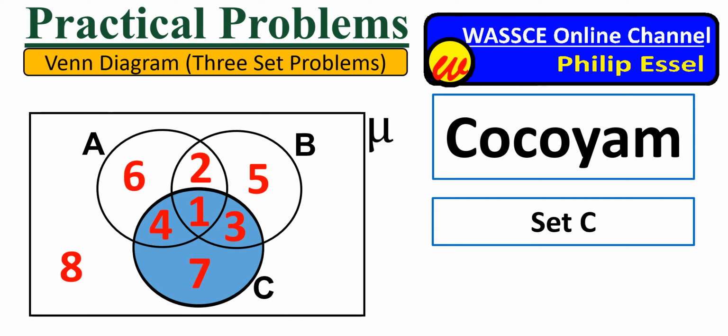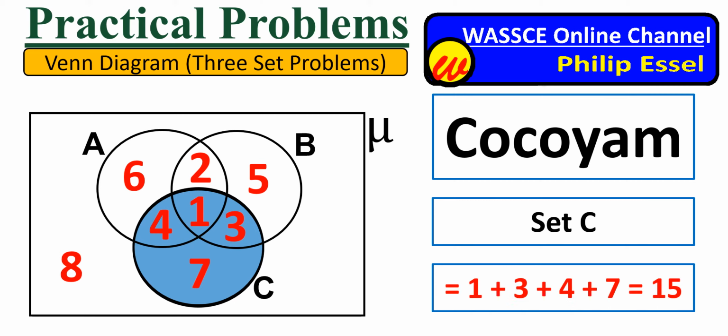So that will be 1 plus 3 plus 4 plus 7. And when you add 1 plus 3 plus 4 plus 7, you would get 15. 15 is the total number of students that eat cocoyam.